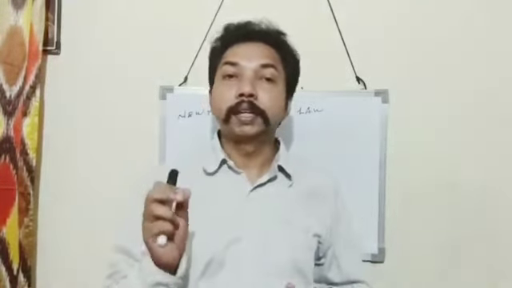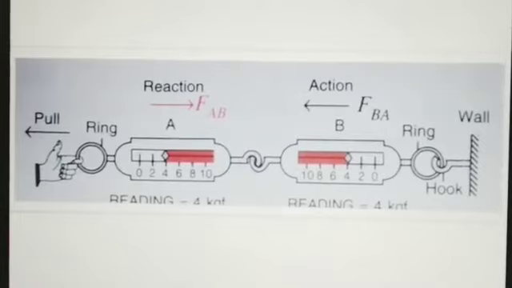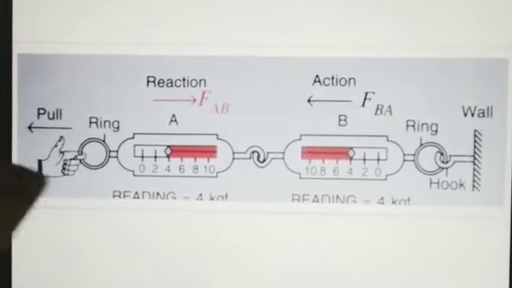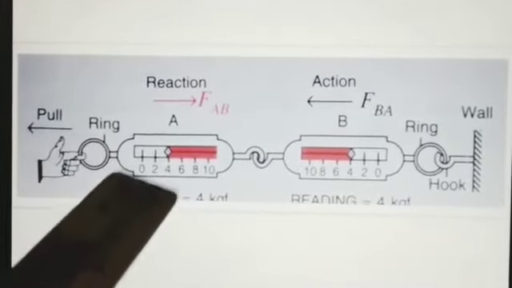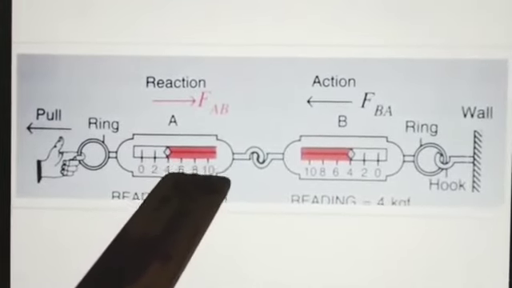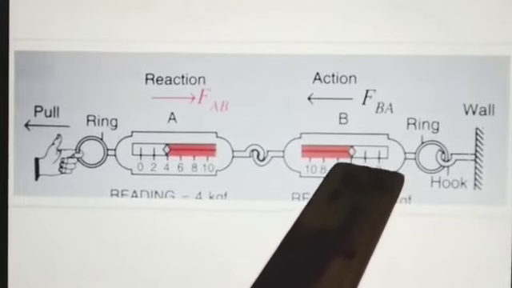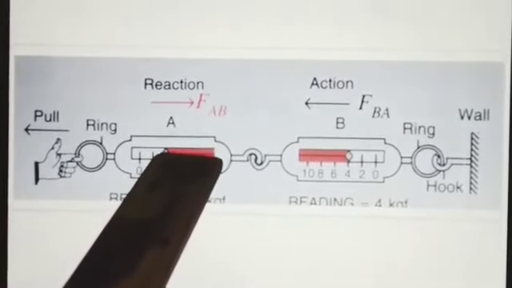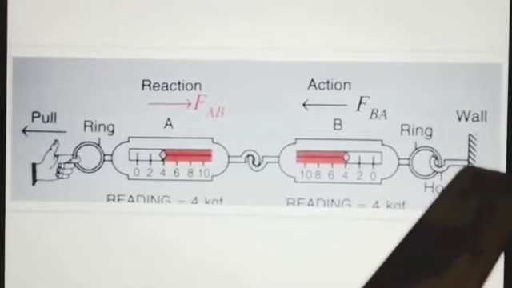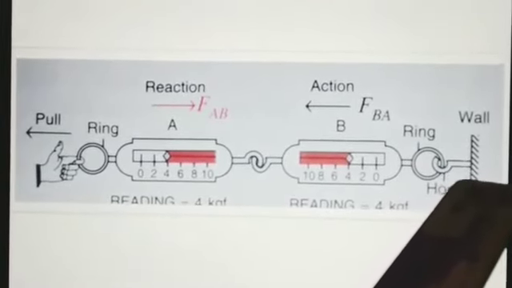Now we will see an experiment demonstrating Newton's third law of motion. In the diagram you can see two spring balances named A and B. This is spring balance B, this is spring balance A. This is a wall, and on the wall you can see a hook.